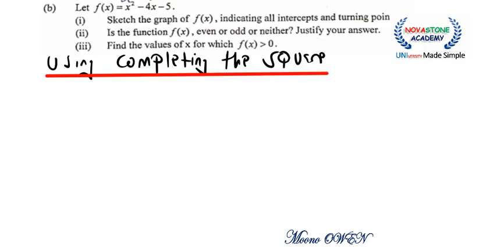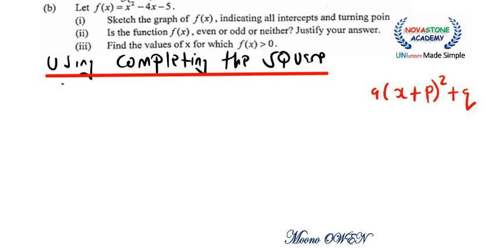That's why I've gone for completing the square, because we want our answer to be in the form of a x plus p squared plus q. That's how we want, because what this signifies is that our p and our q will be able to give us a turning point. Okay, and now we can solve.